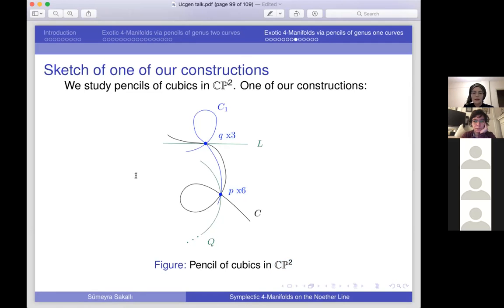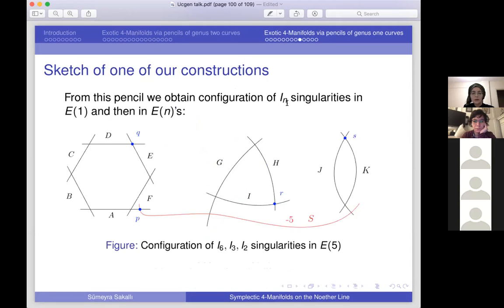And next, I start with this pencil, and by doing blow-ups and some certain operations, I obtained this configuration. Here, the first one is an I6 singular fiber, the second one is I3, and the last one is I2. And again, each line is a -2 sphere in this case. And first, I obtain these three lying inside E1, CP2 blown up at 9 points.